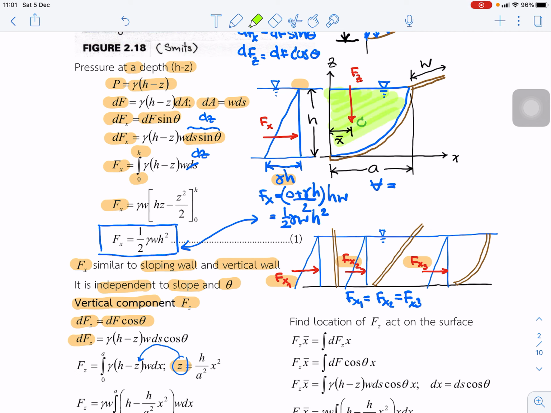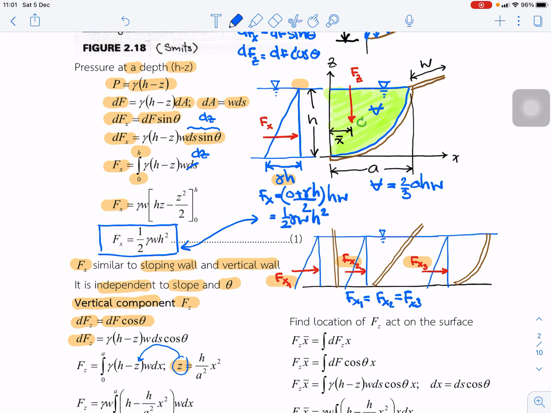If you know the volume of this area, it is equal to 2/3 of a times h times w.